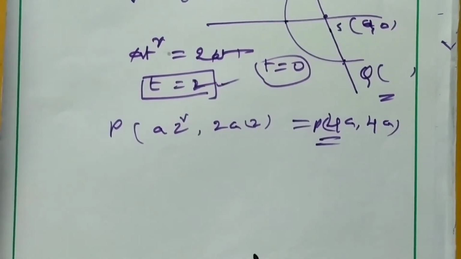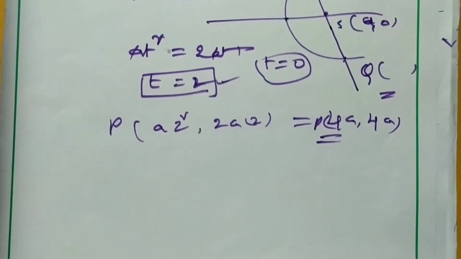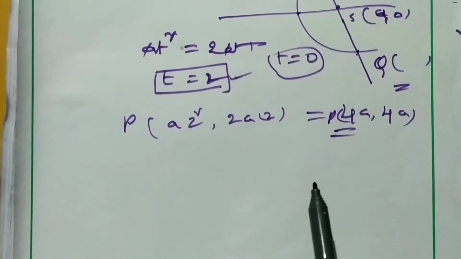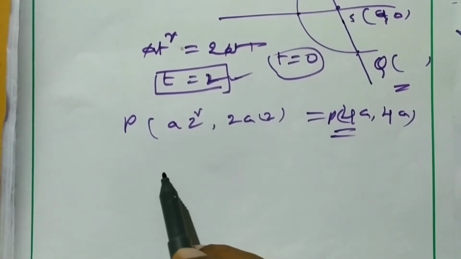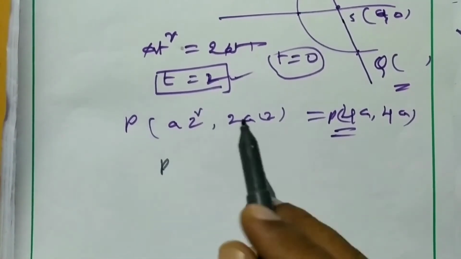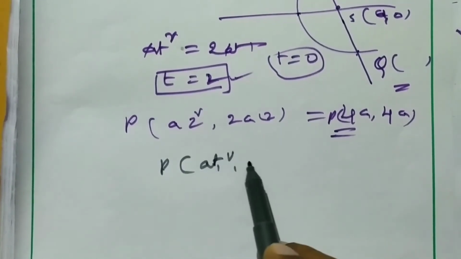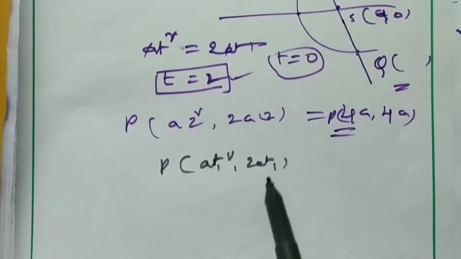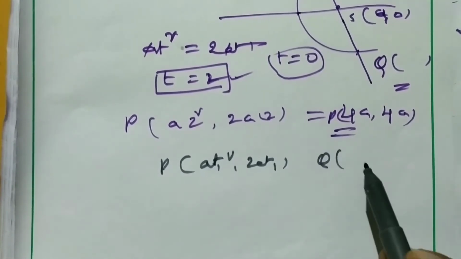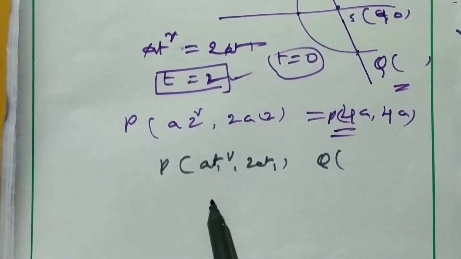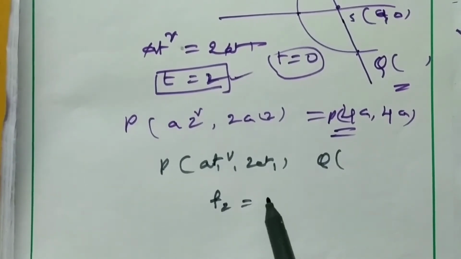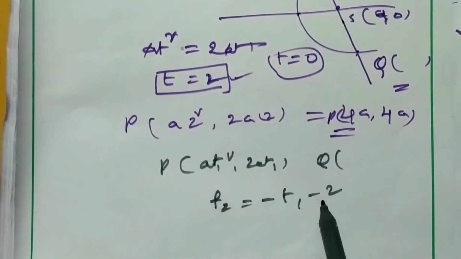Q is the other point of the chord where the normal meets. We know the other end point of the normal: suppose P is a t1 square comma 2a t1, the parameter of the other end can be taken as t2. The formula is t2 equals minus t1 minus 2 by t1.